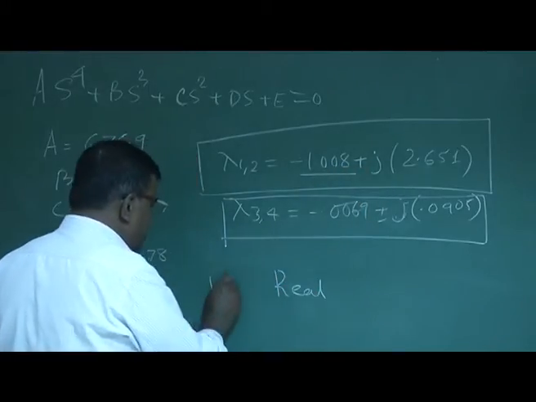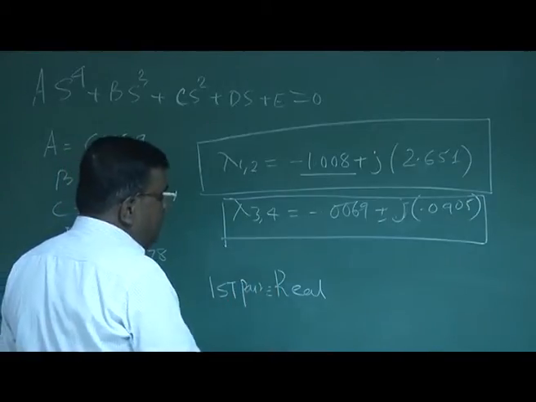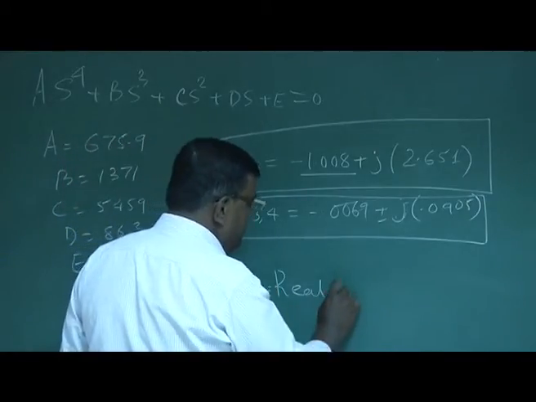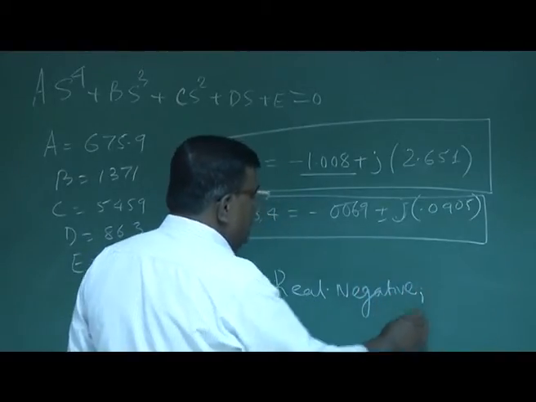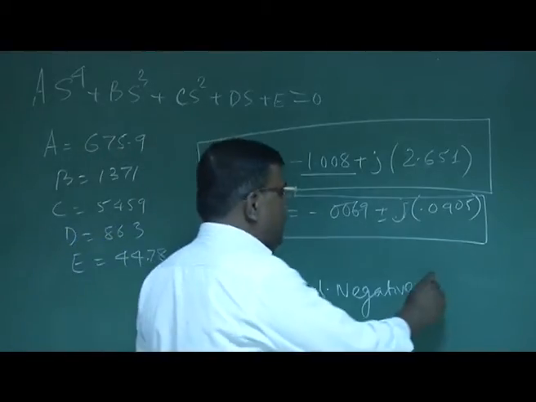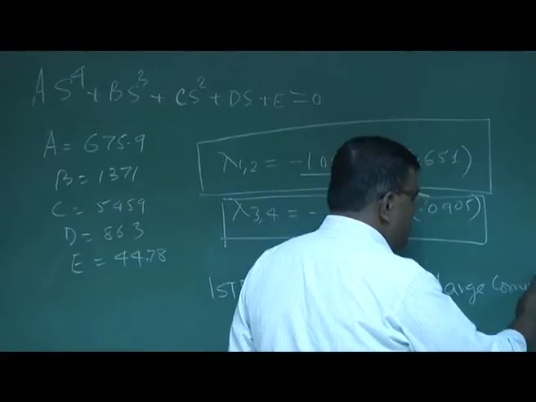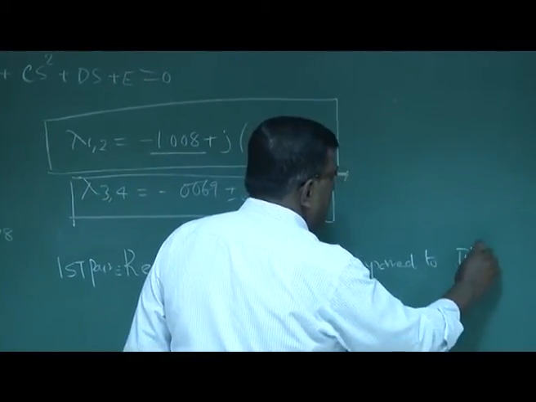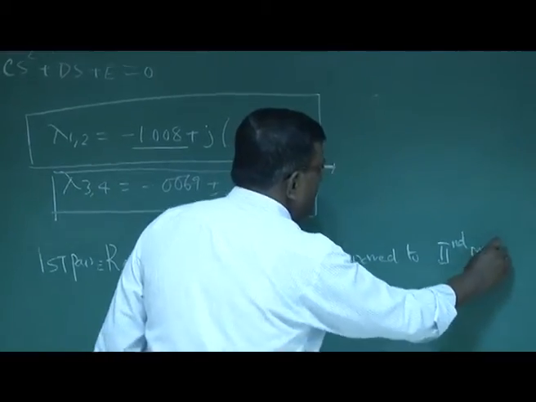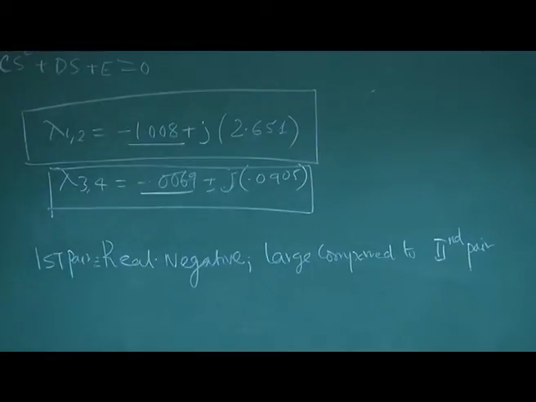Typically you will see for most airplanes, the first pair is real, negative, and it's very large compared to the second pair. You could see here is minus 1.008, here is minus 0.0069.